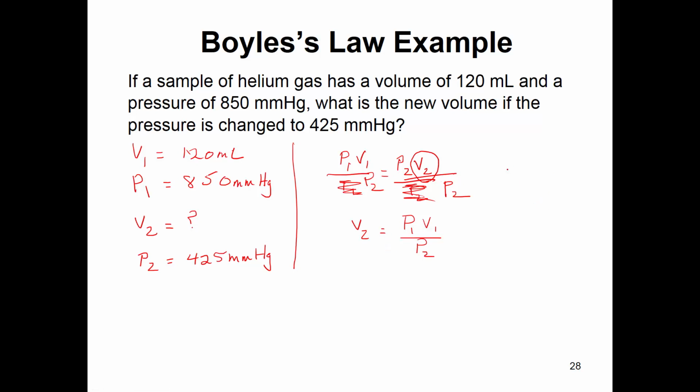Then I'm just going to plug and play. V2 equals P1, which is 120 milliliters, times 850 millimeters of mercury, divided by P2, which is 425 millimeters of mercury.